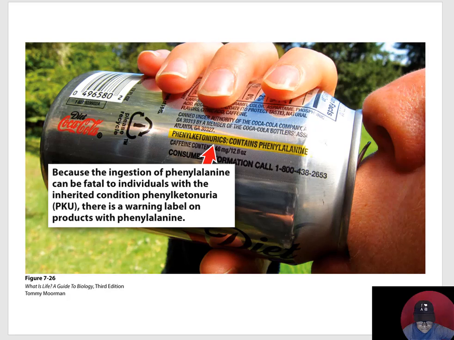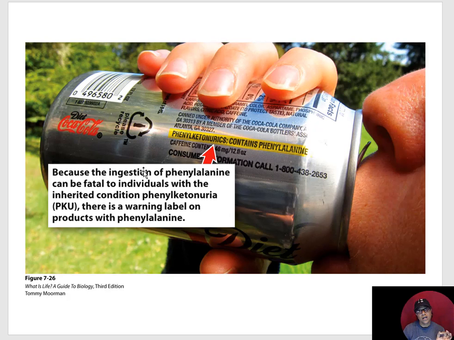Okay, so I wanted to explain this. If you look at a can of soda, here this is Diet Coke, it has this warning that you probably have never seen, but if you have this disease, you certainly look for this warning. It says phenylketonuria. This contains phenylalanine.